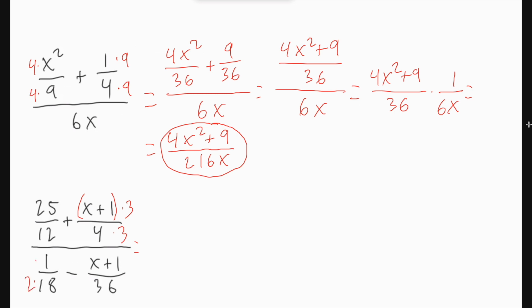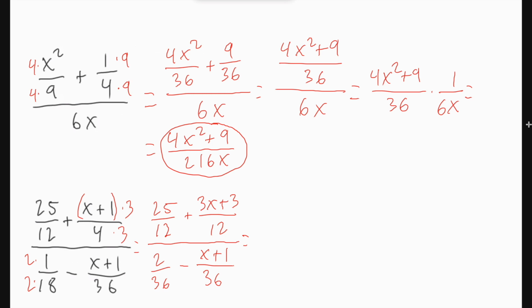And so I do that to the top as well. So that will give me now 25 over 12 plus 3x plus 3 over 12 over 2 over 36 minus x plus 1 over 36.